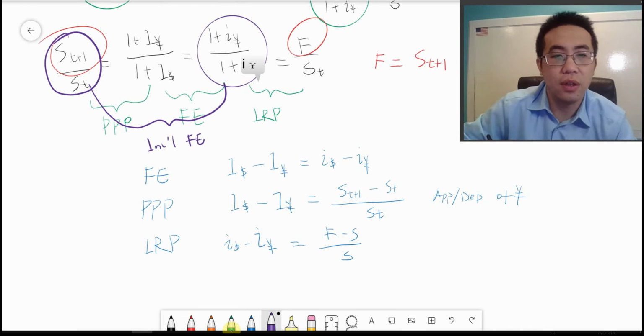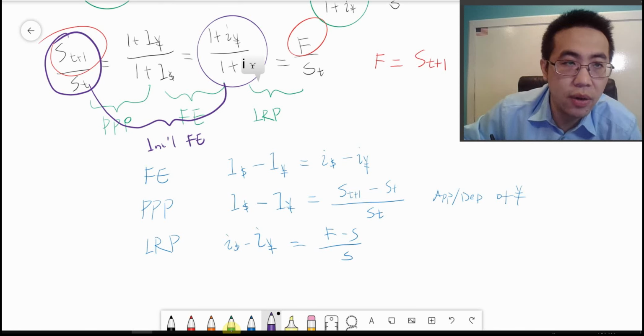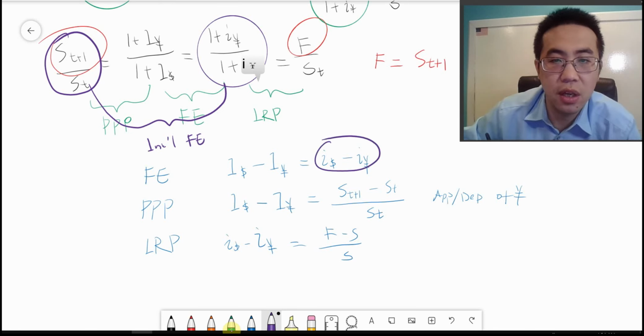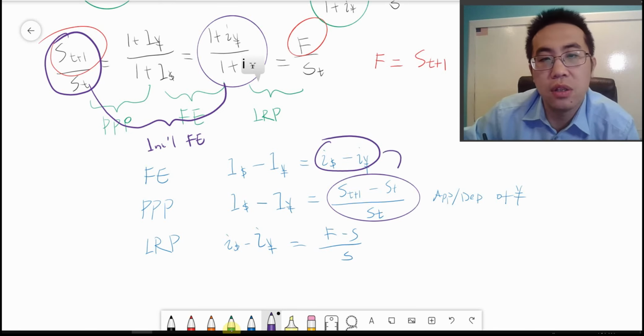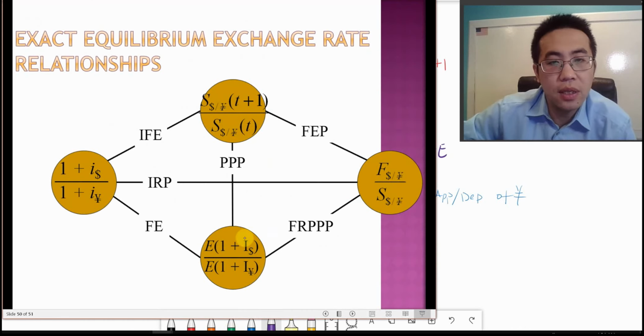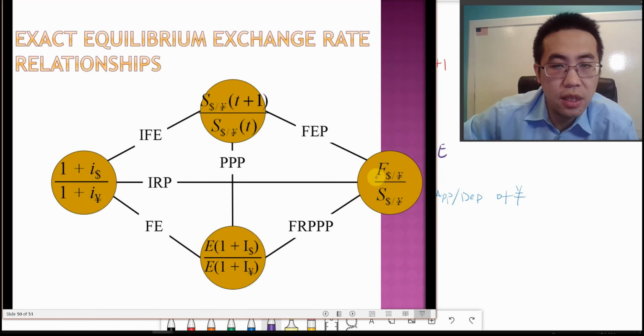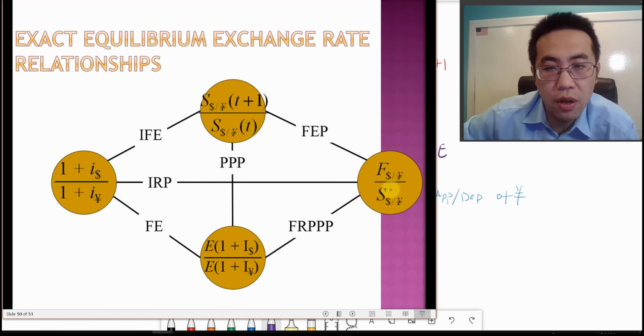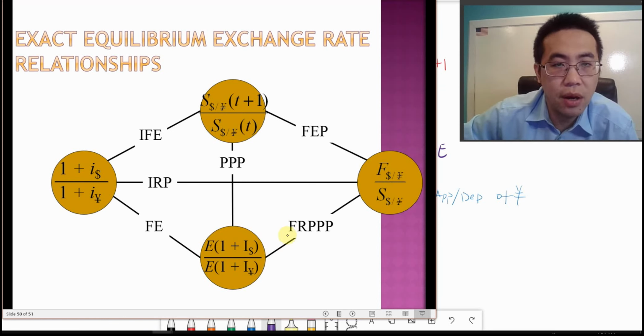If you equalize the forward over spot rate with the inflation ratios, this gives you forward rate purchasing power parity.